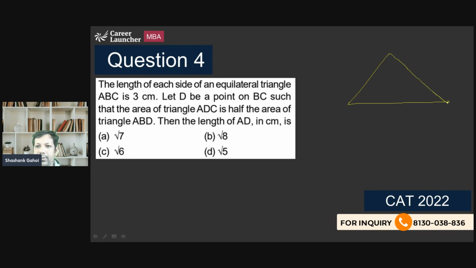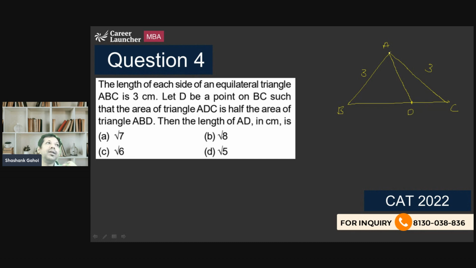So this is A, this is B, this is C. Now D is a point such that the area of triangle ADC is half the area of triangle ABD. Okay, so D is a point somewhere here. Now this is D, and this side is 3, this side is 3. And the area of ABD is twice that of the area of ADC.